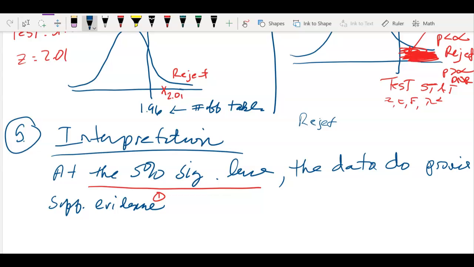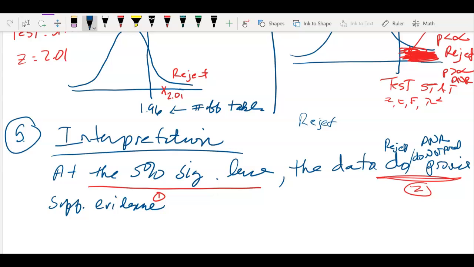Now, that's for reject. Okay? Do not reject, the data do not provide. So please remember to do the correct one. If you're rejecting, your data do provide. If you're not rejecting, your data do not provide sufficient evidence. All right. So that is part 2. Whether you say do or do not actually correlates with whether you reject or not.